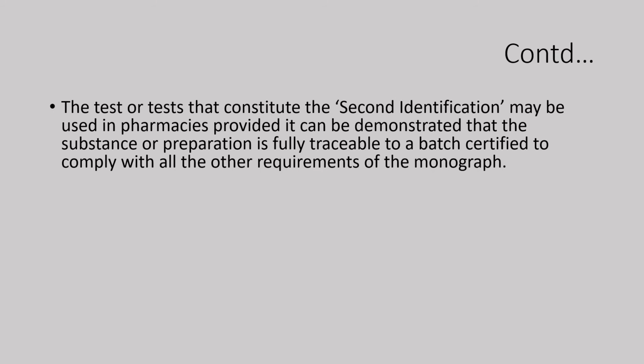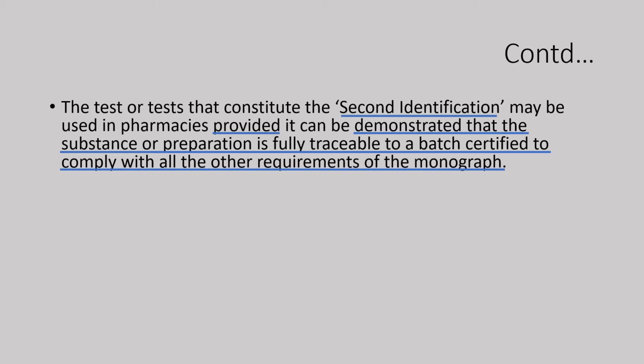The test or tests that constitute the second identification may be used in pharmacies provided it can be demonstrated that the substance or preparation is fully traceable to a batch certified to comply with all other requirements of the monograph. So, there is a provision for carrying out the second identification test. When can you do it?